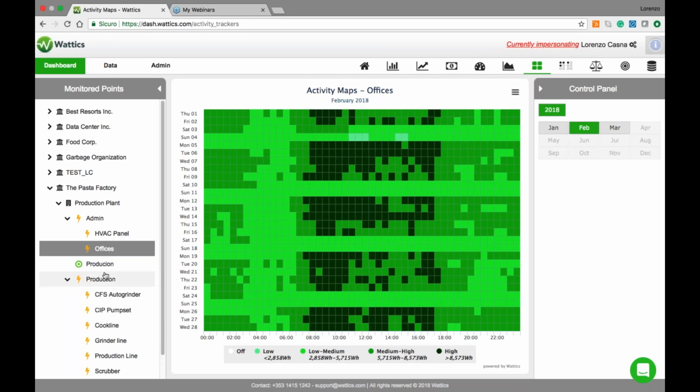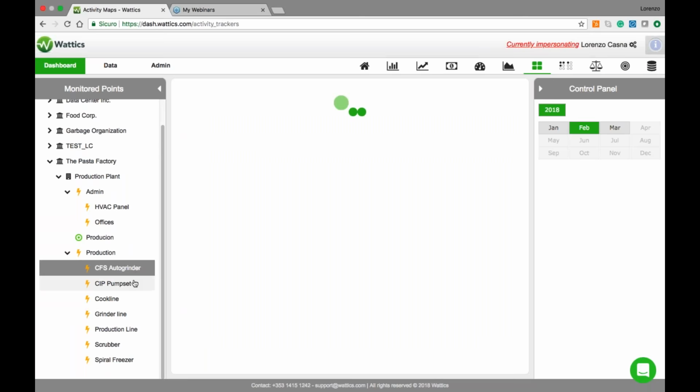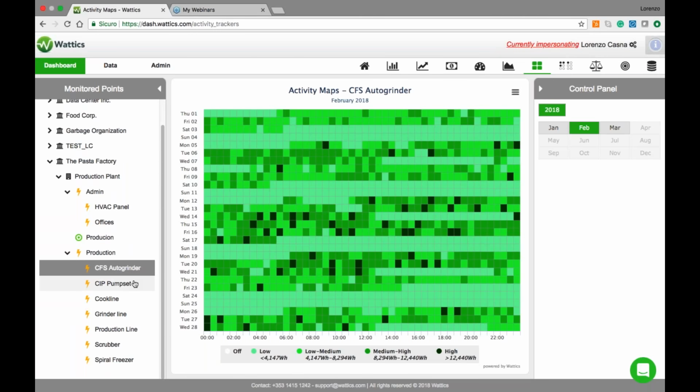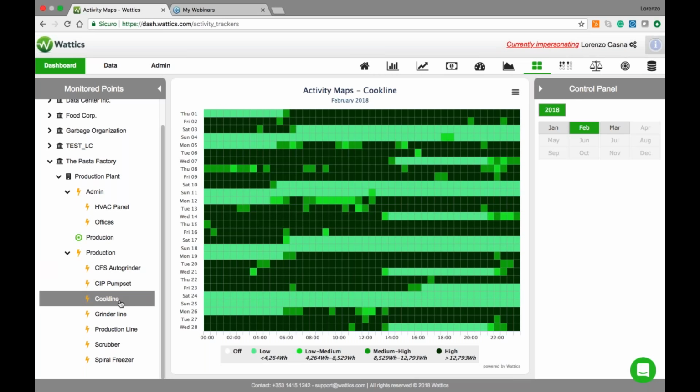As for the production, it's a bit different because we don't know what the actual workflow looks like. I did the work myself, and I know that the cook line is something that is expected to be switched on just when people are there, because for security reasons it would not be safe to leave ovens switched on during the night.